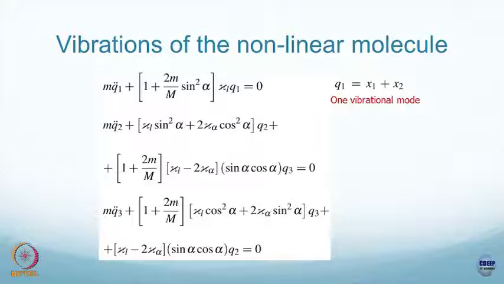Okay. And again this equation has a coupling between q2 and q3, and this one has between q3 and q2. So, they are a coupled set of differential equations, and you know how to solve it. What do you do? You write the determinant, you try to find the normal modes by diagonalizing such a matrix, right.